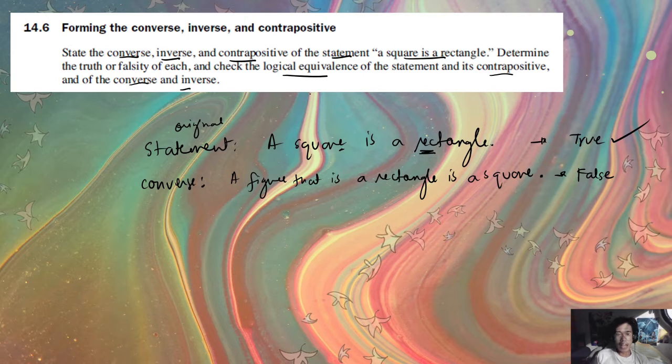Okay? And then we have the inverse of the statement. So let's try to form the inverse of the statement. So we're going to negate both the hypothesis and the conclusion. Let's check whether it's true.